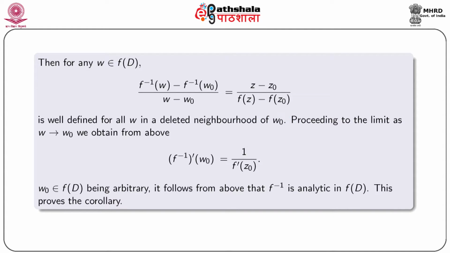Proceeding to the limit as w tends to w0, we obtain from above f inverse dash w0 equal to 1 by f dash z0. w0 belonging to f(D) being arbitrary, it follows from above that f inverse is analytic in f(D). This proves the result.